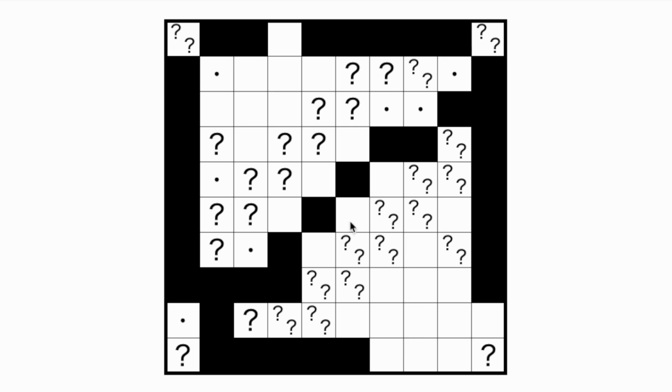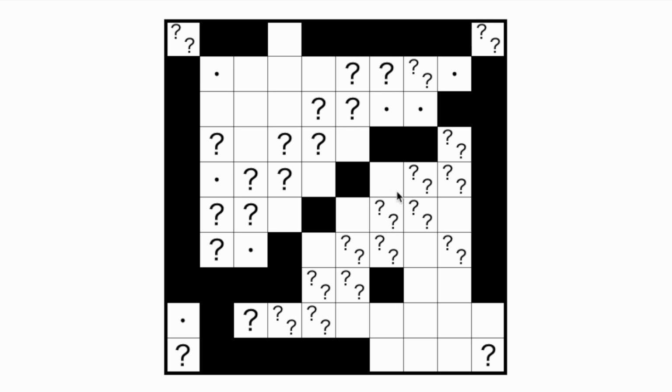I spoke too soon. The question marks are helpful in some cases, but in others, like right here, the double question marks are better because this tells me that, sure, this is shaded and maybe its neighbors, but we need another stretch, which is going to come from down here.